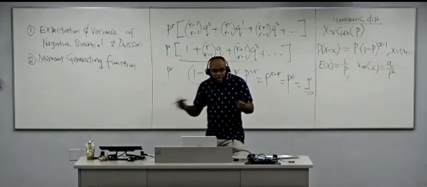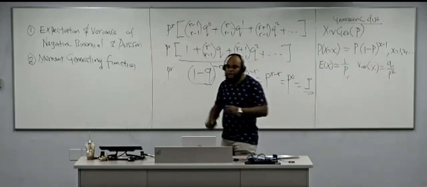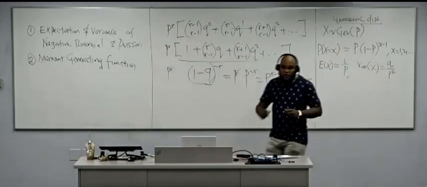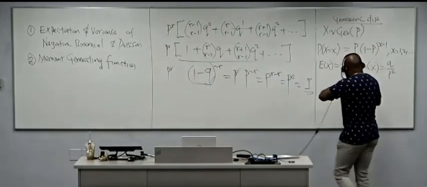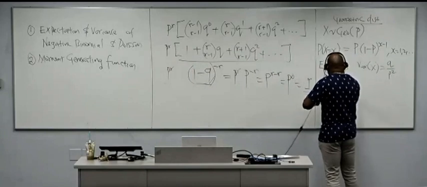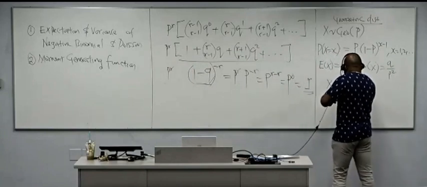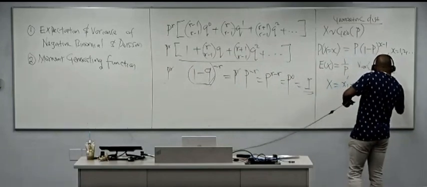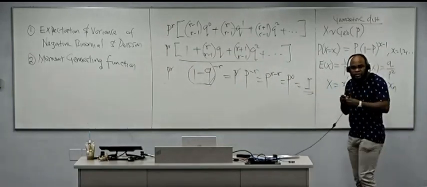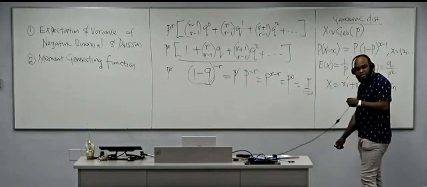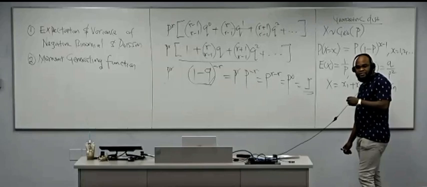We can use the law of generalization. If I want to obtain the mean and variance for negative binomial, for the situation where x equals x1 plus x2 until I get to xn, because the sum of geometric is basically going to be negative binomial.